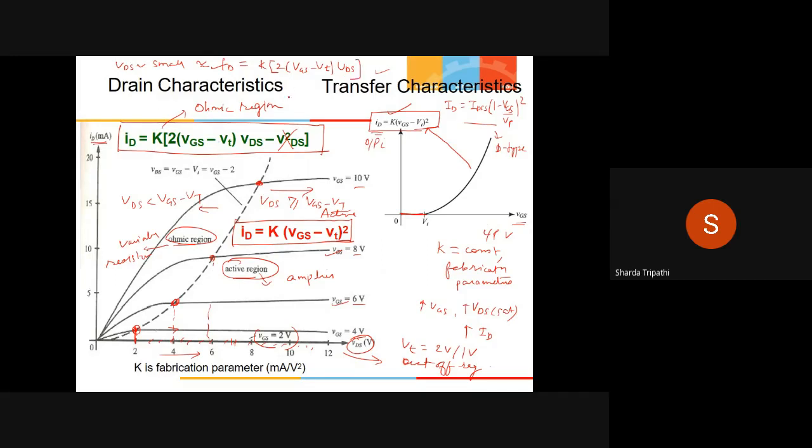And in this situation, if I also have to find the output resistance, that is RDS, this will be equal to VDS by ID. So you can substitute ID and VDS, VDS will get cancelled, and this will become simply equal to 1 divided by K times 2 times of VGS minus VT. This is my output resistance.